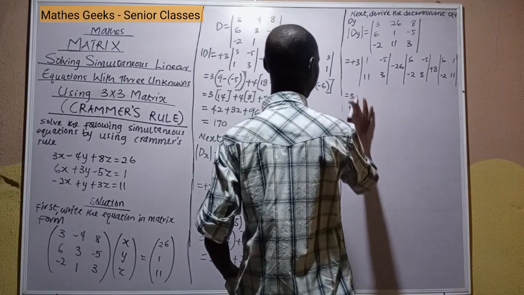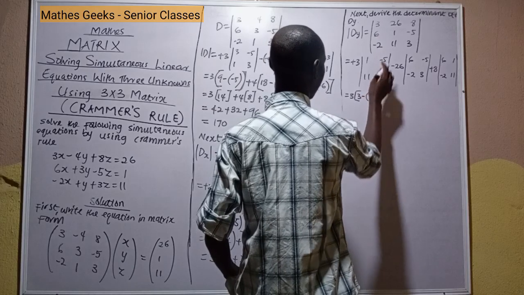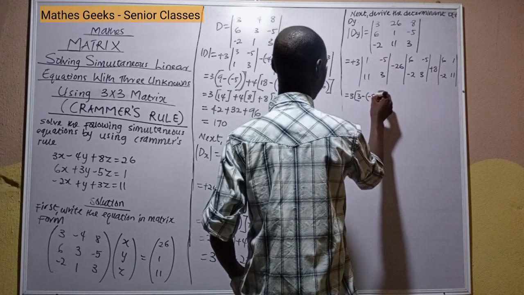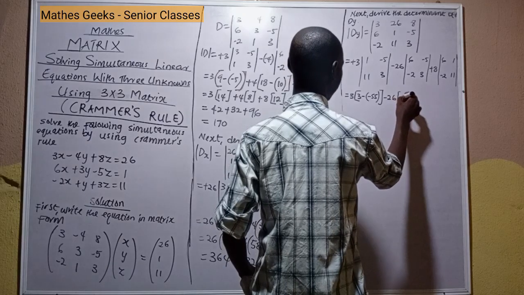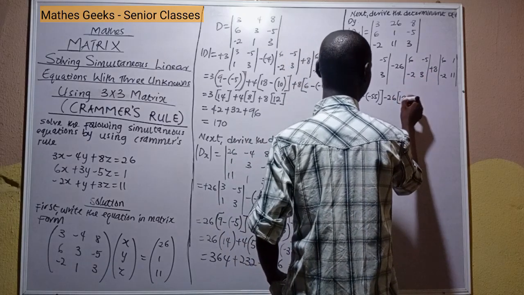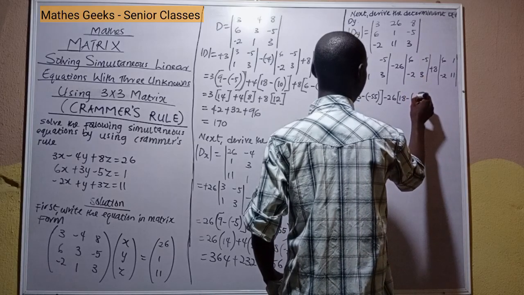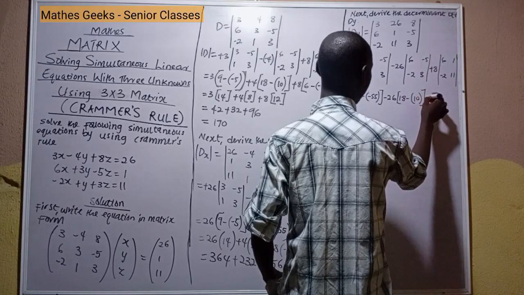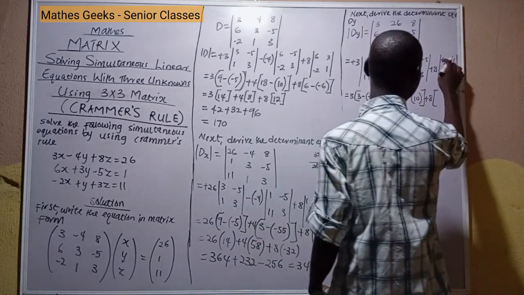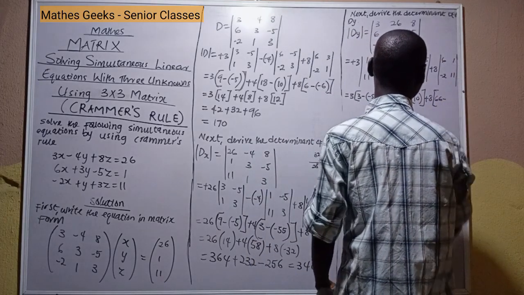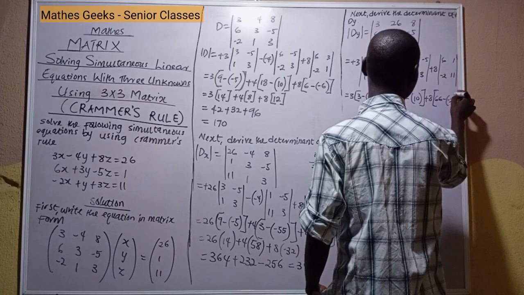3, minus 55, minus 26. This one is 18 minus 5 is minus 2 plus 10, plus 8. 66 is 6 times 11, 66 minus 1 times minus 2, minus 2.